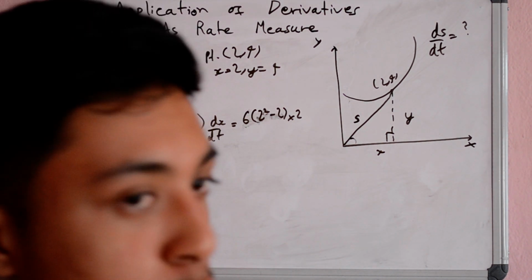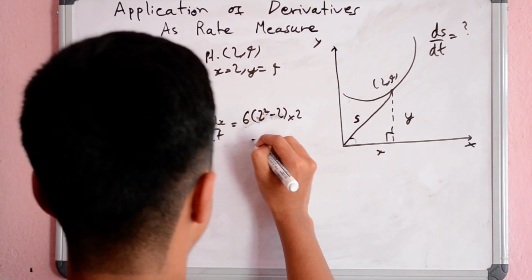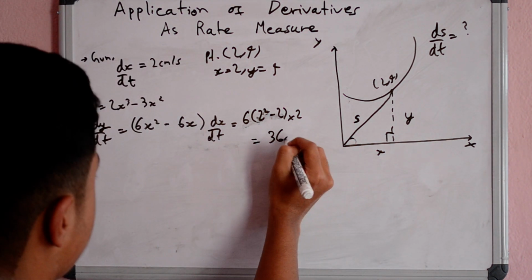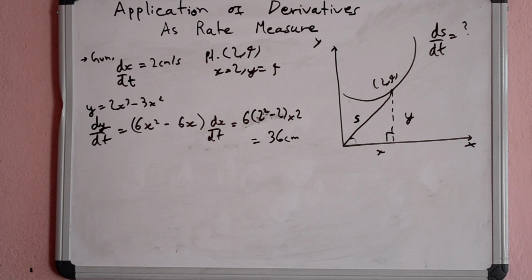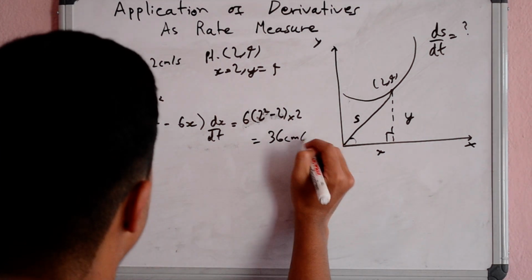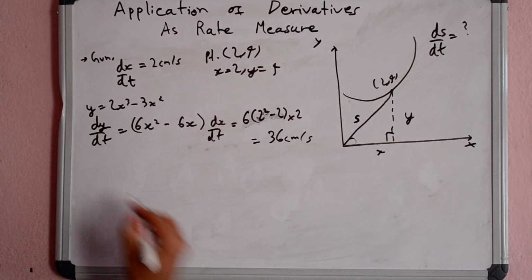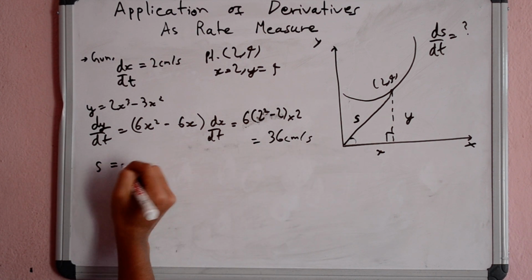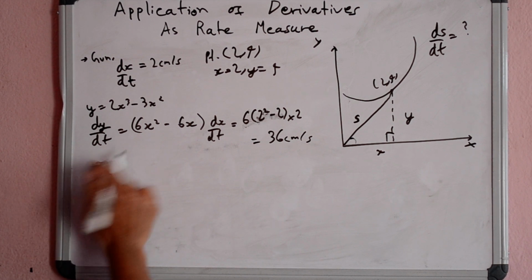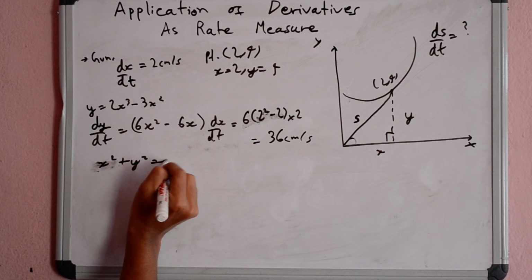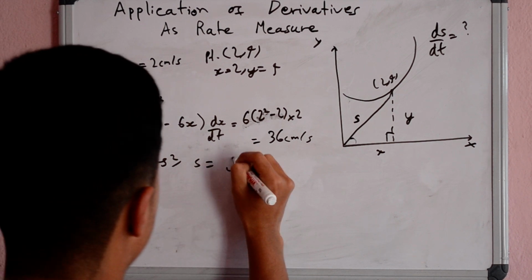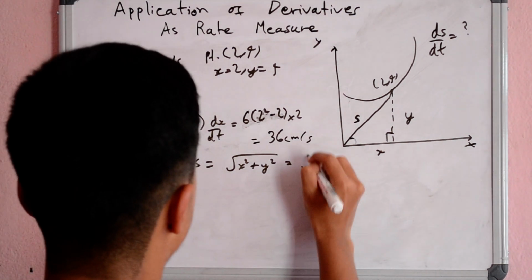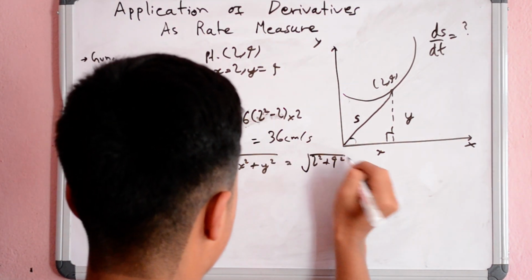So 6 into 2 into 2, 6 into 4, which is 36 centimeter per second. And then for s, let's use the Pythagoras theorem first. X squared plus y squared equals to s squared. So s is equals to root x squared plus y squared, which is root 2 squared plus 4 squared, giving us root 20.